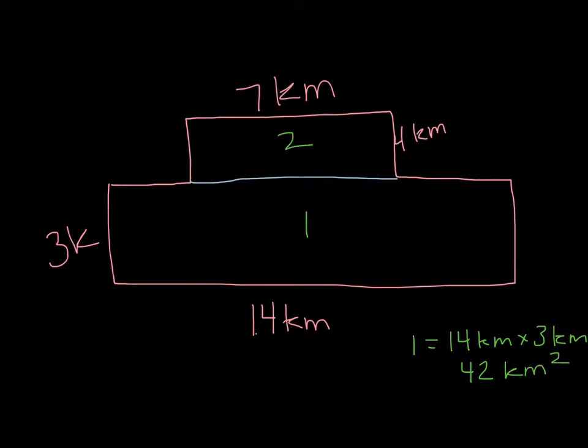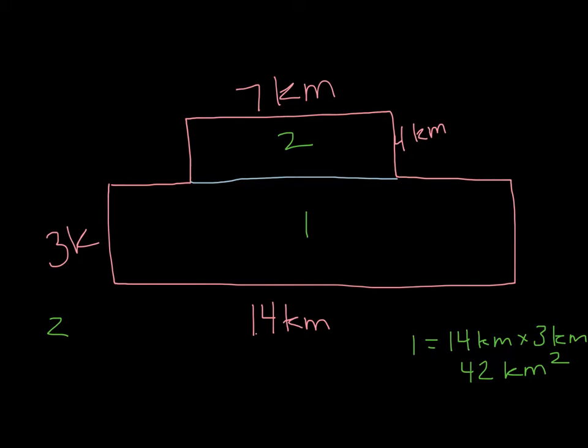Rectangle number 2. Do it on the other side here. Now we have a height of 4 kilometers and a base. Remember the base on a rectangle, the opposite sides are the same length.